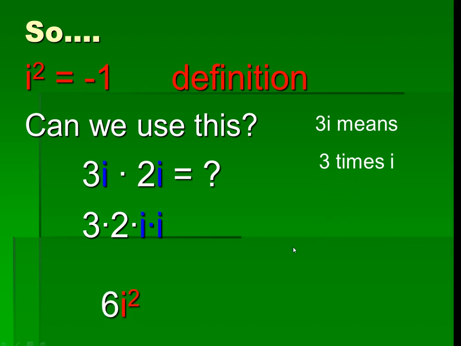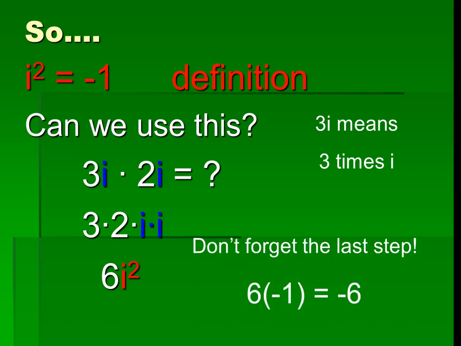So 3 times 2 is 6, and i times i is i squared. But what do we know about i squared? Well, i squared is negative 1 by definition, so what we need to do is a last step. This is 6 times negative 1, which gives you negative 6.